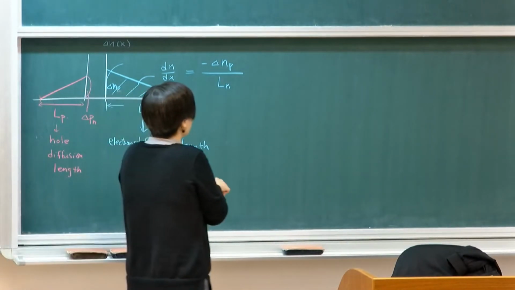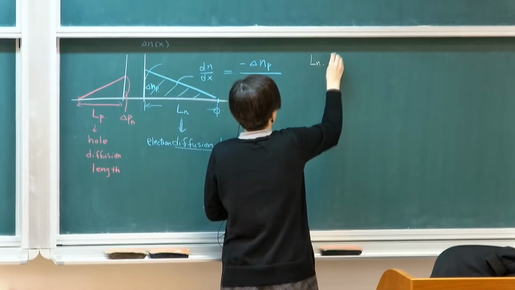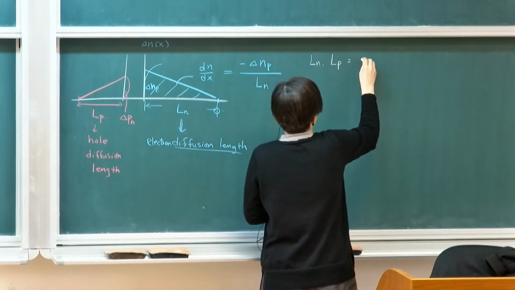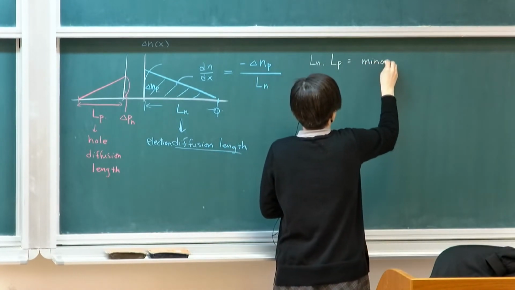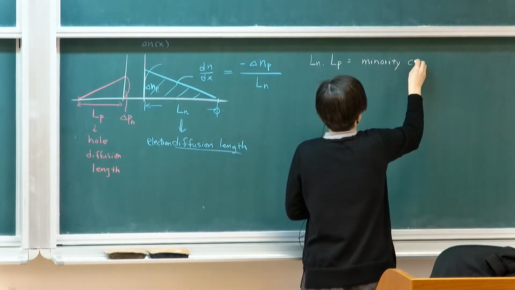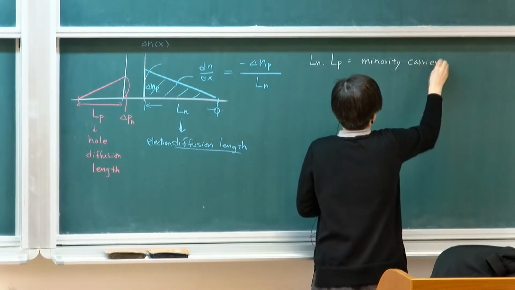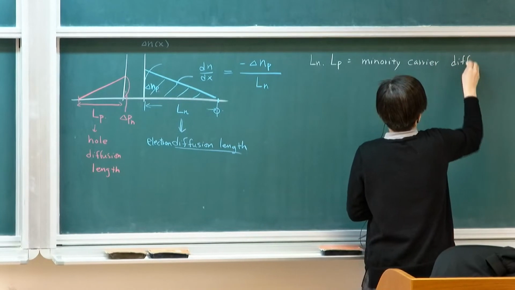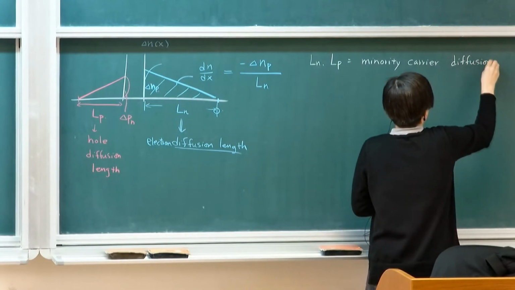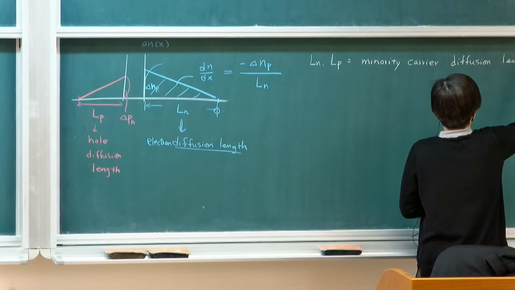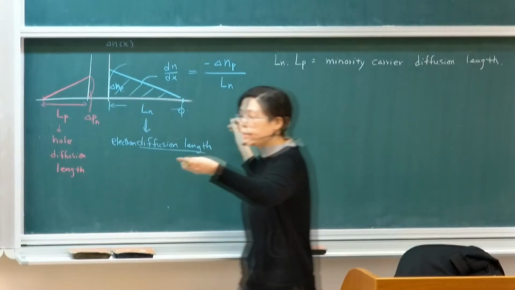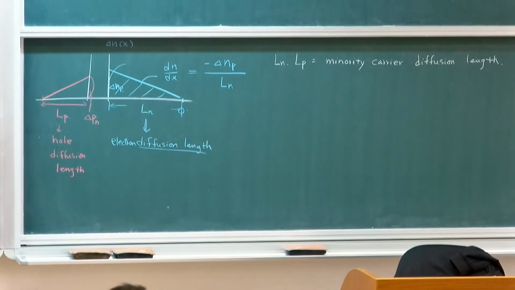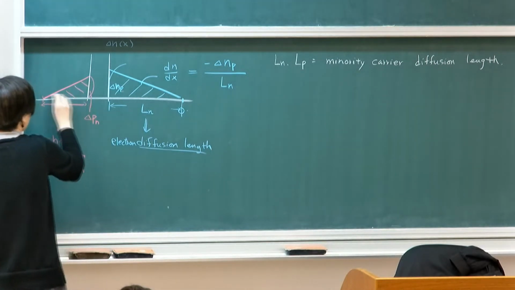So sometimes you can look this up: L_n and L_p are referred to as minority carrier diffusion lengths. As I said, it actually decays with distance as an exponential decay. I'm just using a straight line to approximate here. It will give you the same results.